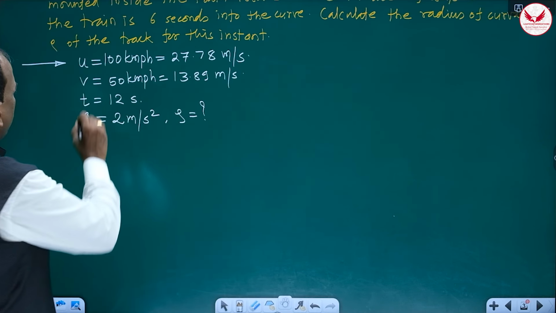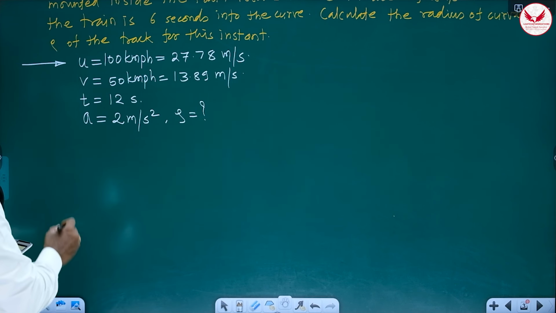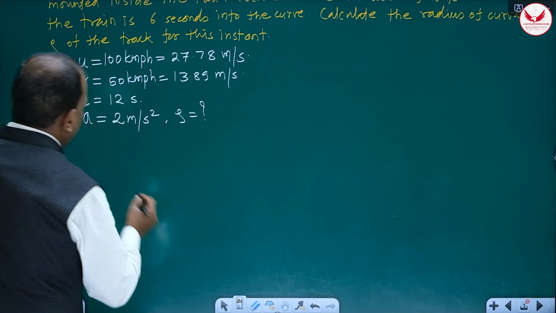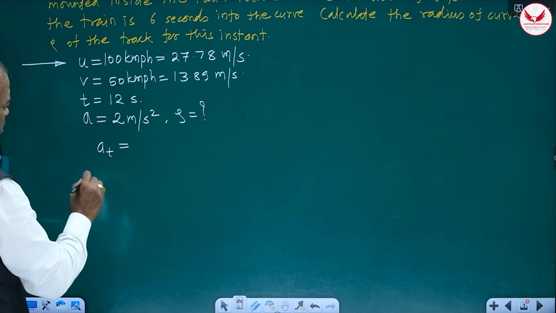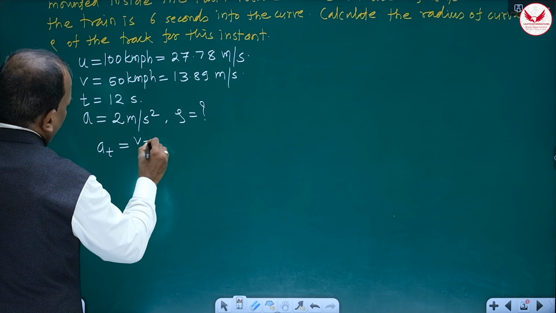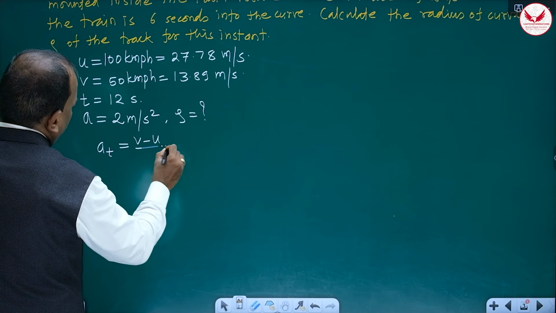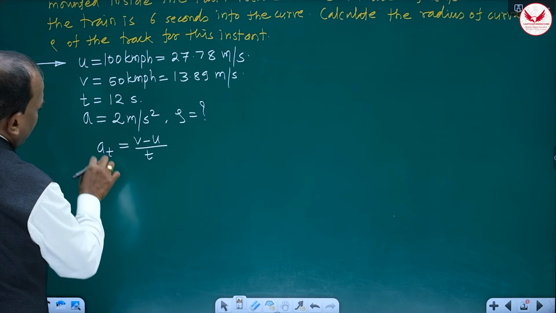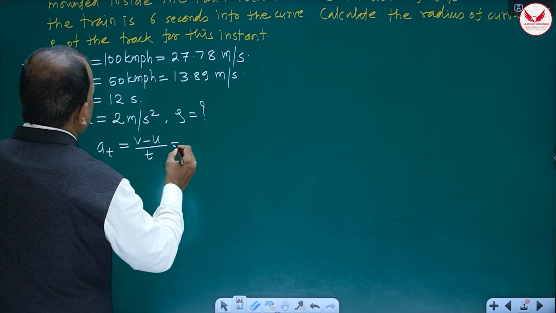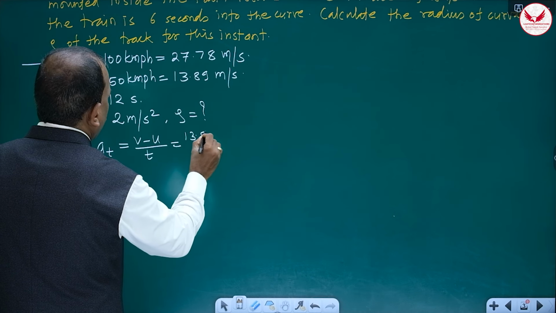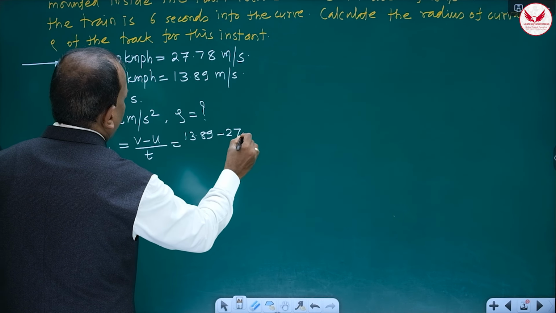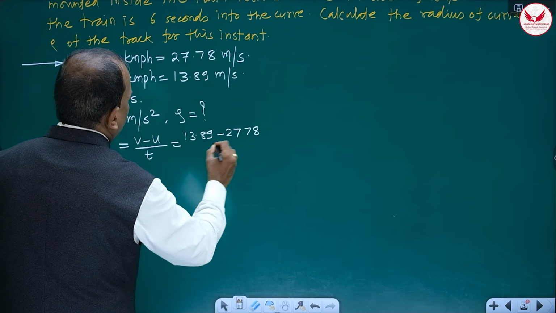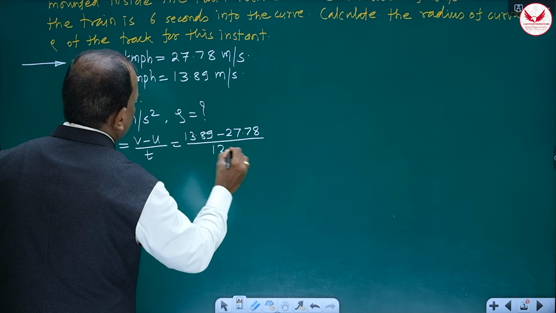So first, with u, v and t, easily we can get a_t. Directly I'll write a_t. Actually this is v is equal to u plus a_t into t. a_t is what? V minus u by t. V is how much? 13.89 minus 27.78 divided by 12.